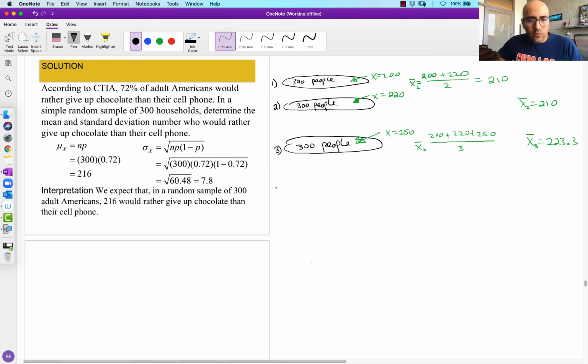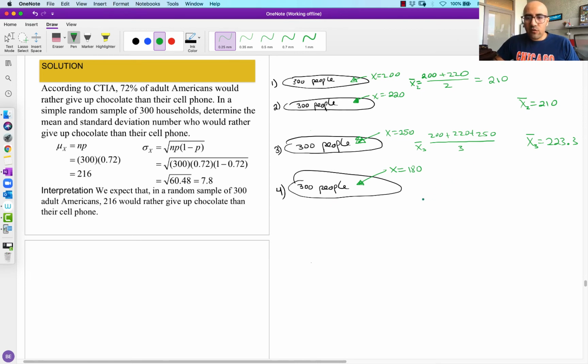Okay, let's do another one. So now we go back over here, and let's say we grab another randomly selected group of 300 people. Again, we asked them, would you rather give up chocolate or your cell phone? And then this is going to have some other value of x. Well, maybe this one's a little low. Maybe this one's only 180 people who said, yes, I'd rather give up chocolate than my cell phone.